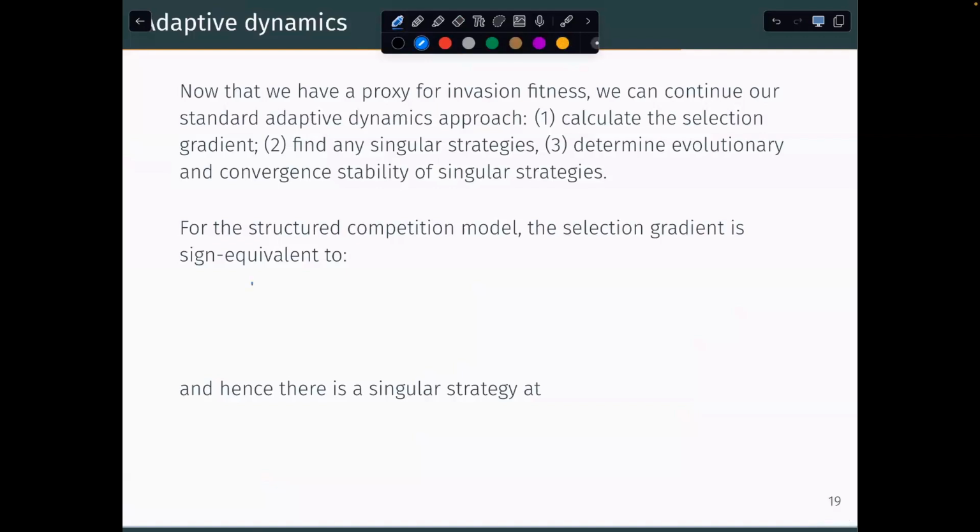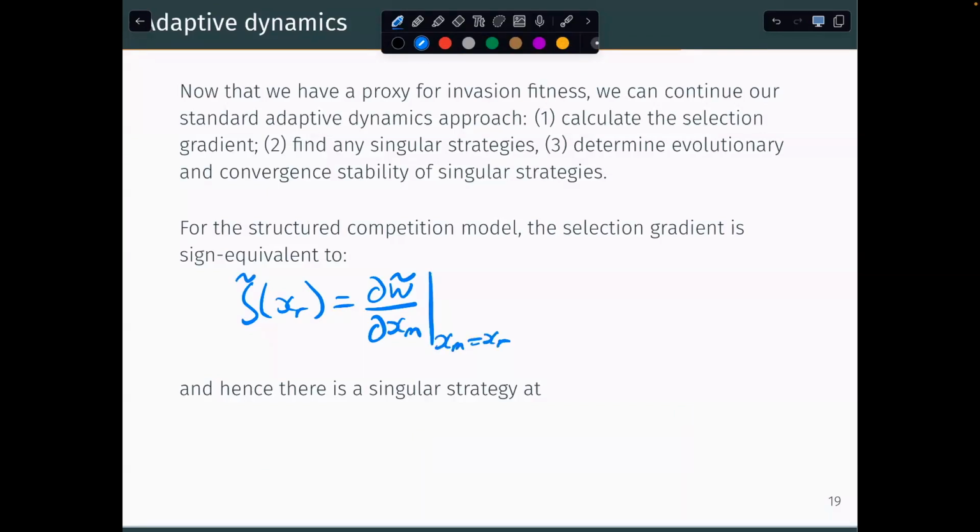Okay, so what is our selection gradient? In this model, we call this S tilde. Typically going forwards, I won't distinguish with tildes what is a fitness proxy in future lectures. I'm including the tildes here just to emphasize that it's a fitness proxy. So we take our partial derivative of our invasion fitness proxy with respect to our mutant trait xm, and evaluate this at xm equal to xr.